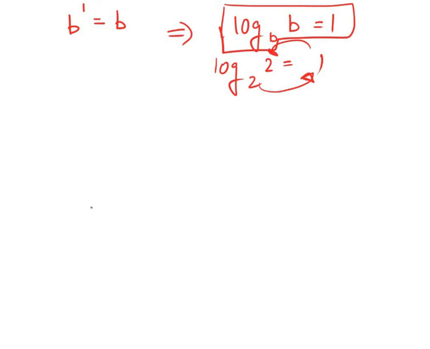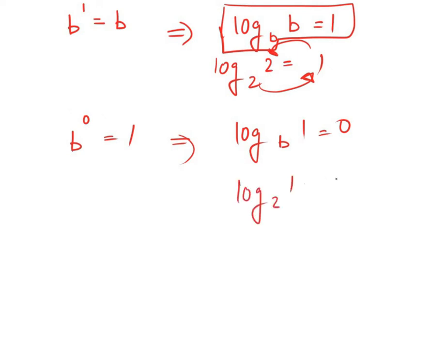And then one last. We've learned from exponents, anything raised to the power 0 is always 1. Let's write it in log form. Can I say log of 1 to the base of b is 0? I've just written it in the log form. So log of 1 to the base 2 is 0, log of 1 to the base 3 is 0, and so on.